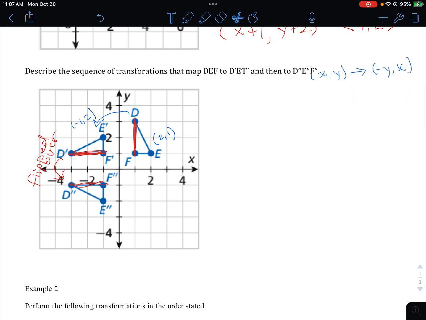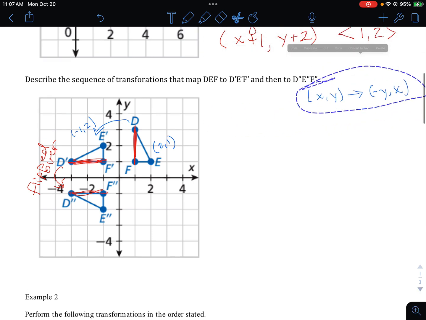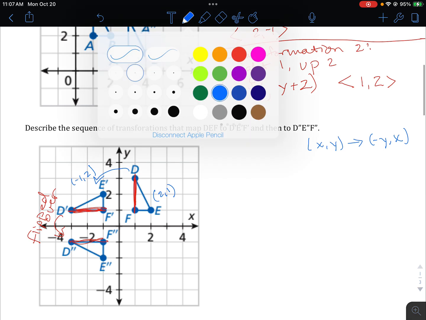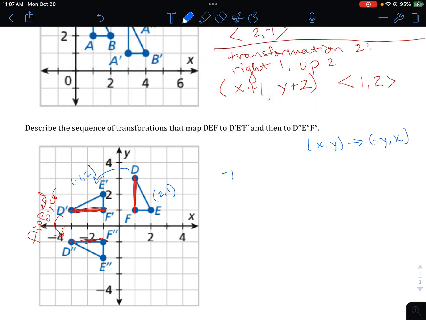So put that to the side for now. Transformation number 1 is going to be a 90-degree rotation about the origin.